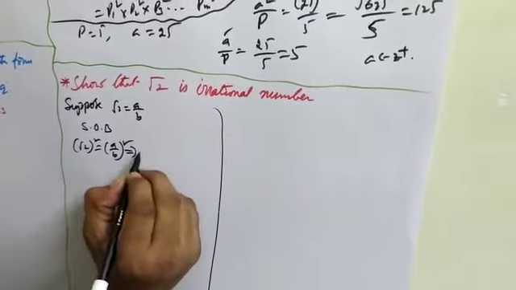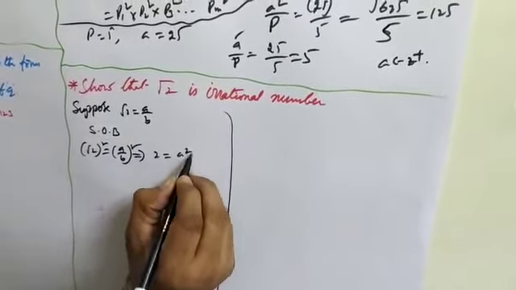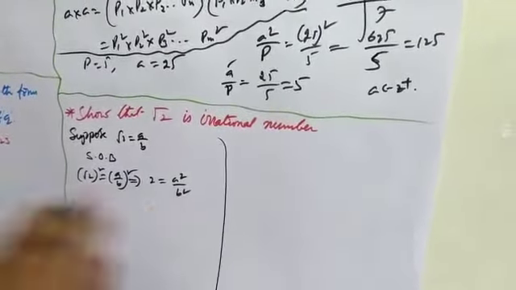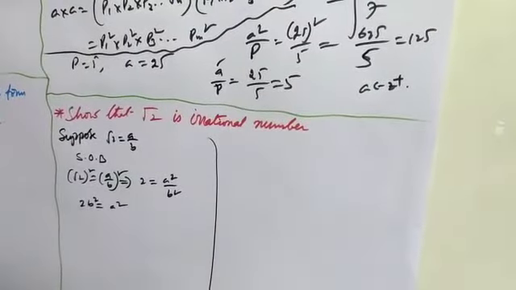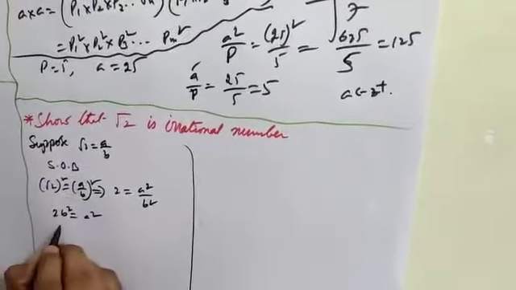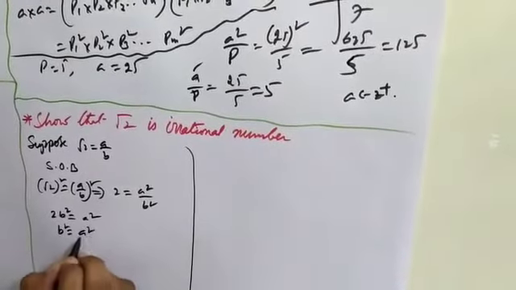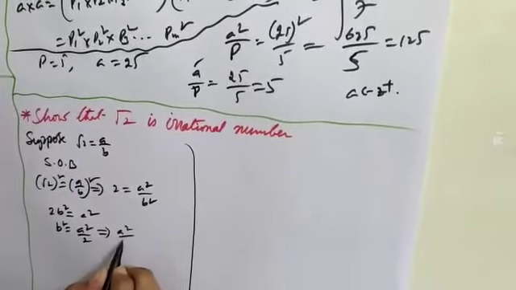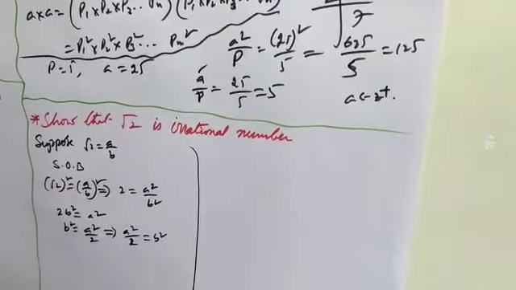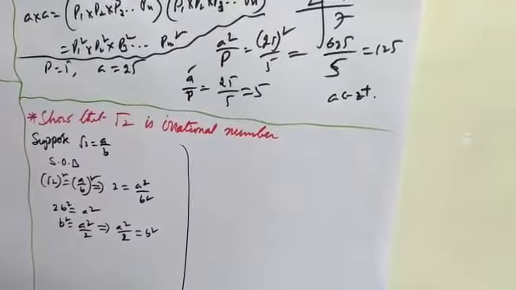That means 2 is equal to A square by B square. Cross multiplication: therefore 2B square is equal to A square. At the same time, B square is equal to A square by 2.